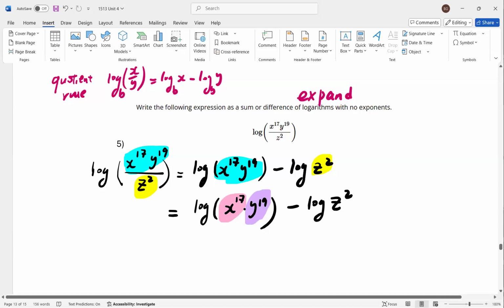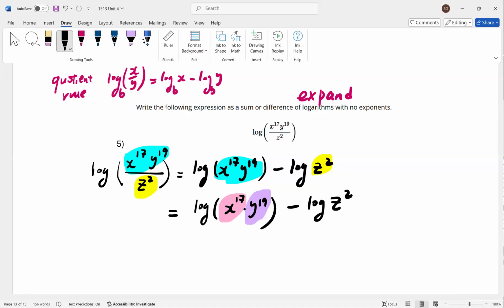Okay, so now since this log in the box has an argument that is a product, we are going to apply the product rule. Let me write a formula here.